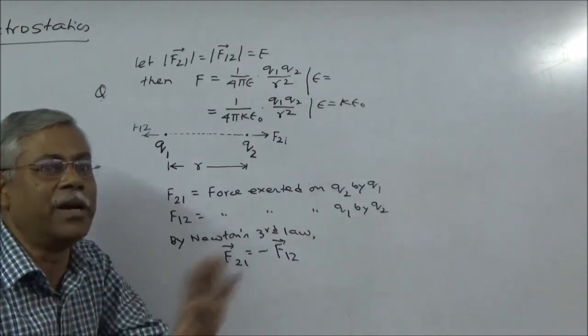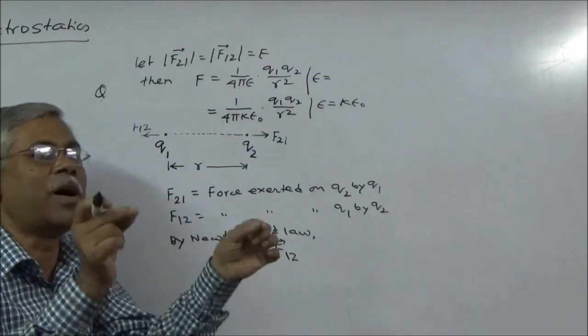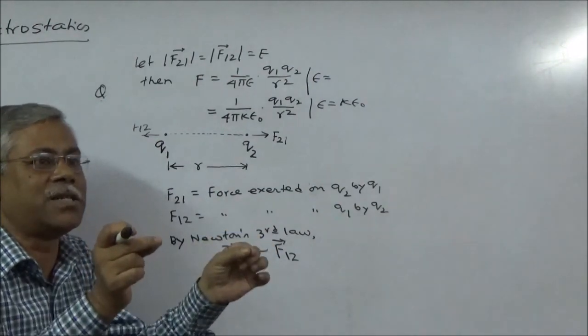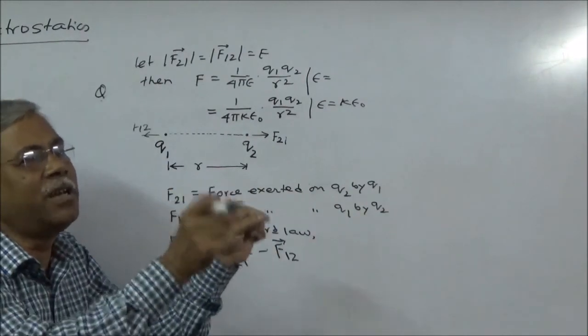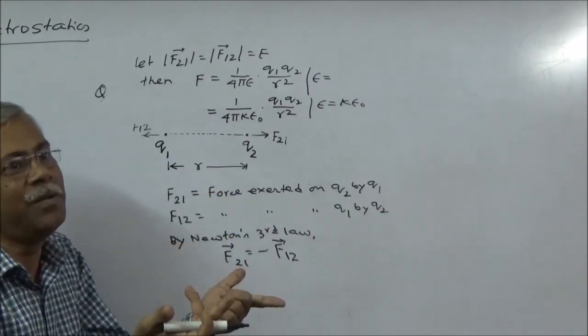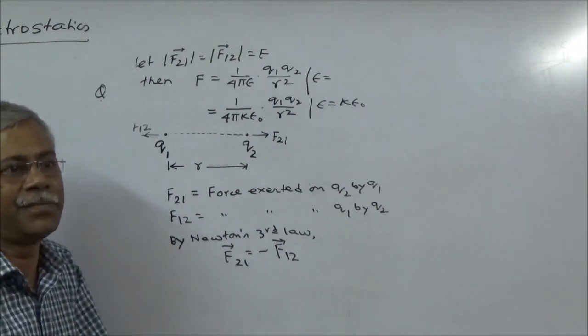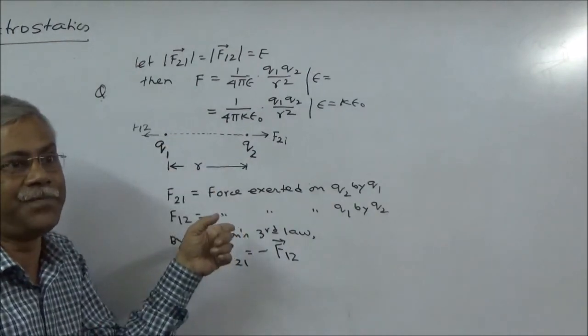In all media, gravitational force has the same value. If you place two masses in air and the force is 10 Newton, when you place the two masses in water, then also it will be 10 Newton. In rubber, also 10 Newton. That means gravitational force does not depend on medium, while electrostatic force does depend on medium.